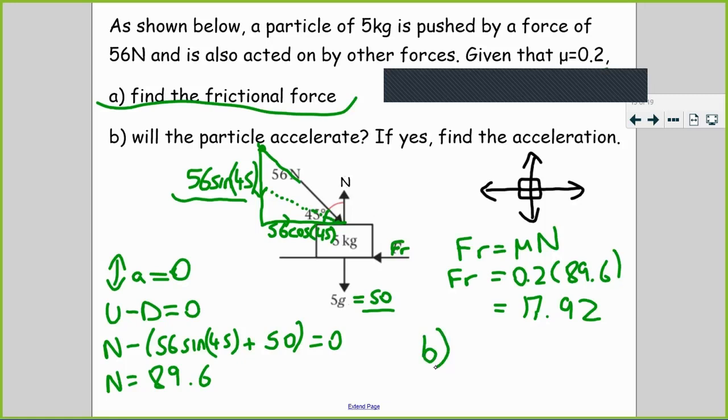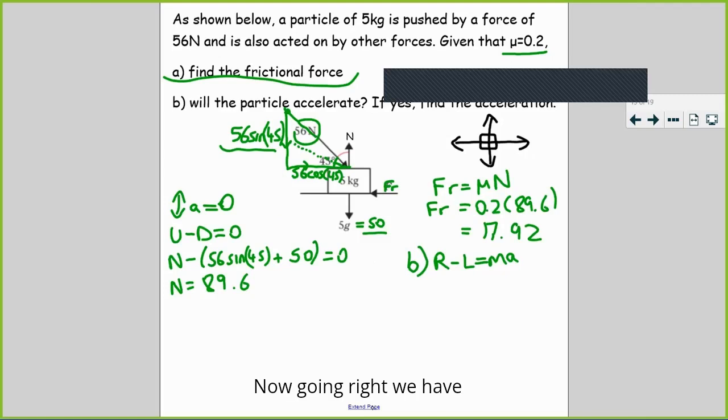Now it says, will the particle accelerate? Now the particle will move to the right, because the pushing force, which is 56, is being applied towards the right. So we will do right minus left equals ma. Now going right, we have one force, which is this one, 56 cos 45.